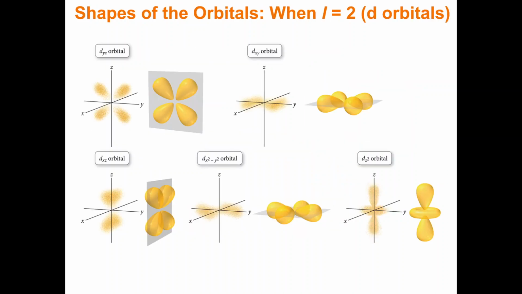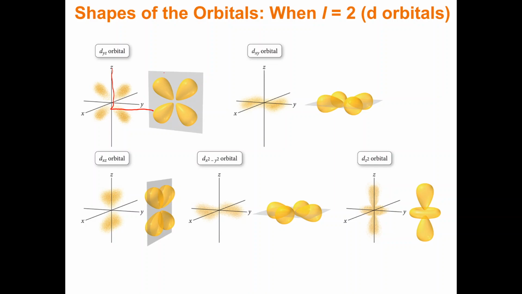So this is our set of d orbitals. Notice this time we're not on the axis, except for this last one, dx squared minus y squared. That's why I said that one's a little bit weird. So notice that these are between the axes, so they're in the planes. That's how they get their name. So dxy or dyz: why is it the dyz? Because it lies in the yz plane.